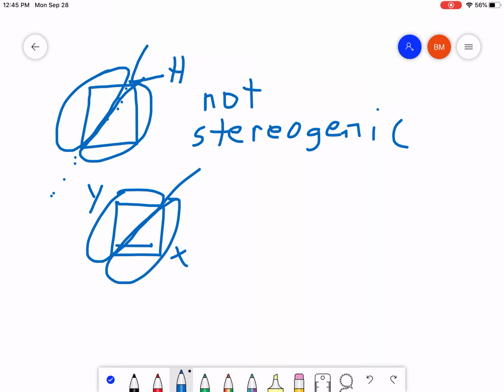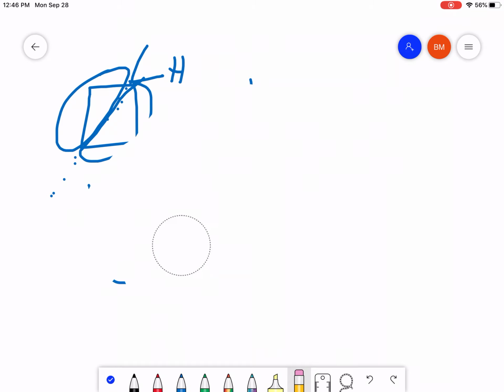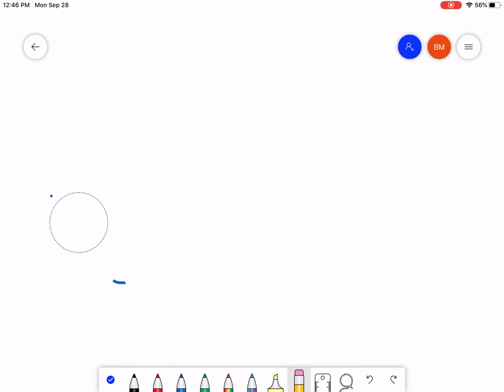So this one, in fact, does have 4 different groups on that carbon in the corner. So yes, that one does have a stereogenic carbon. This takes a little bit of practice, but you get used to it eventually. All right, let's try a couple of them.